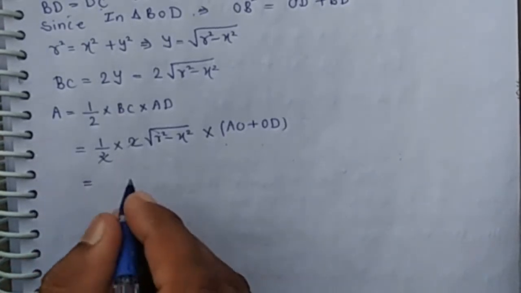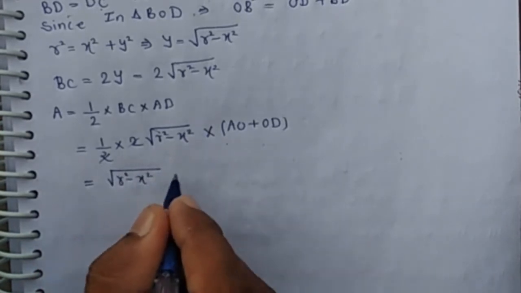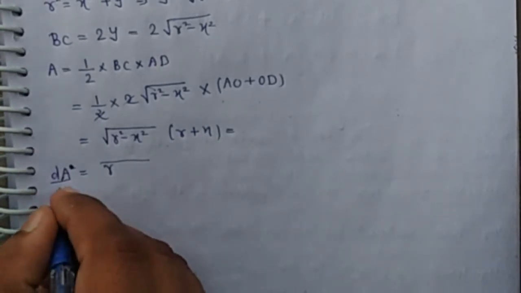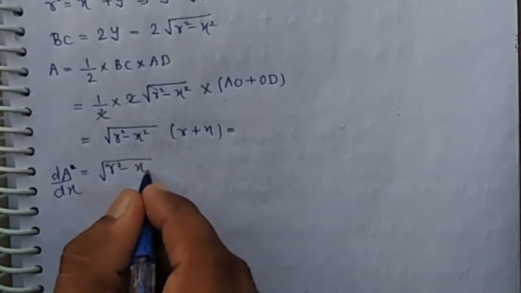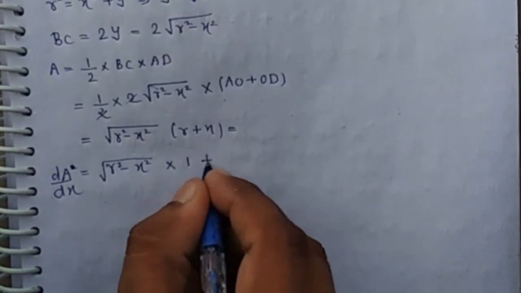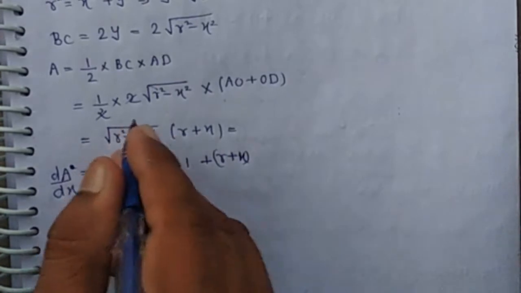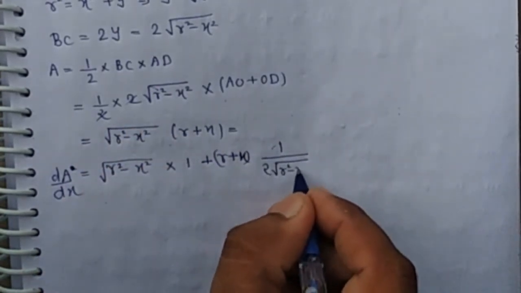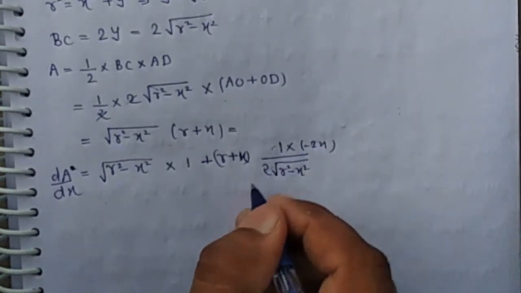We have square root of R square minus X square into R plus X. Differentiating with respect to X, R is constant, so the first term gives 1, and for the second, we get 1/2 under root R square minus X square into minus 2x. The 2 cancels out.